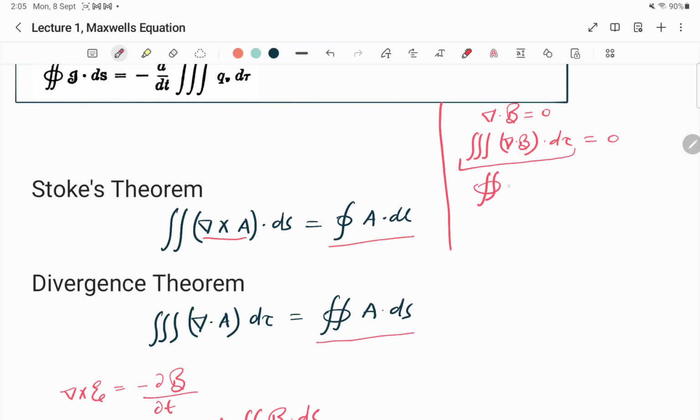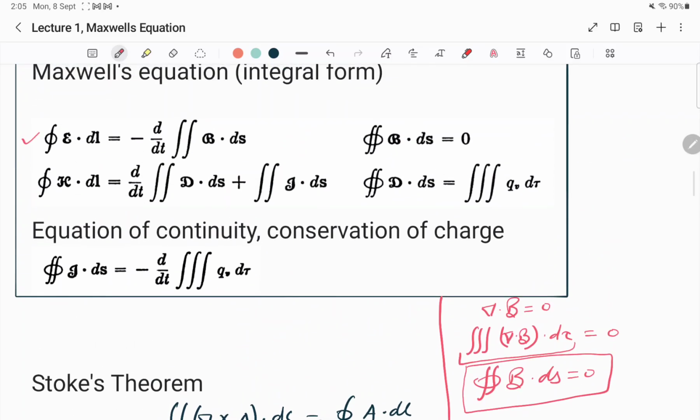So it will become closed surface integration of B dot ds equals to 0. This is written here.